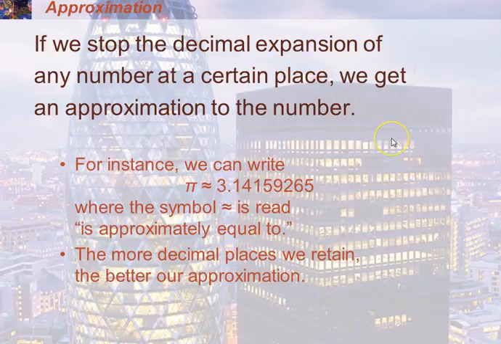Okay, so this is particularly important with irrational numbers, but we have to be clear about when we say something is equal to or approximate. All right, so if you see this little wavy equal sign, that means pi is approximately or about 3.1415925.